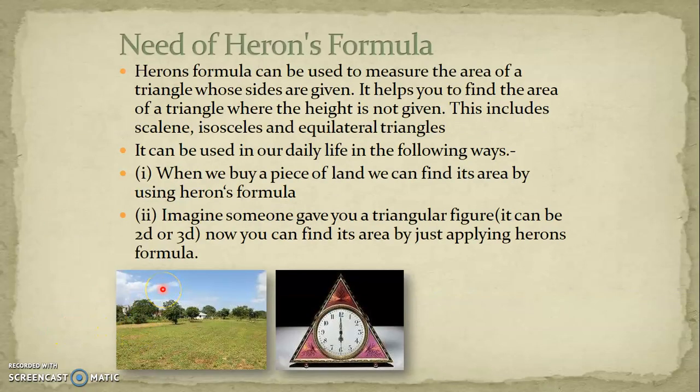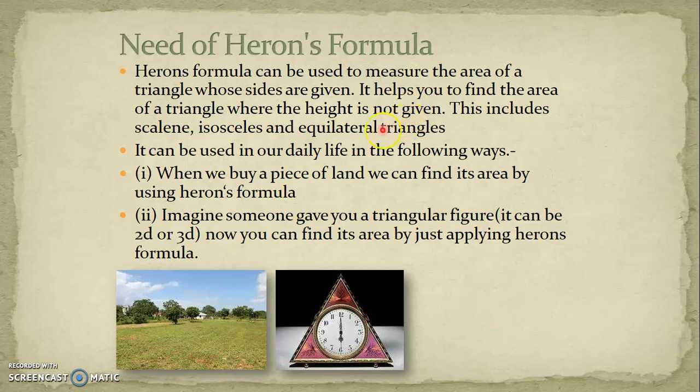So what was the need of Heron's formula? Heron's formula can be used to measure the area of a triangle whose sides are given. It helps you to find the area of a triangle where the height is not given. This includes scalene, isosceles and equilateral triangles. Till now you have studied to calculate area of a triangle by half base into height.